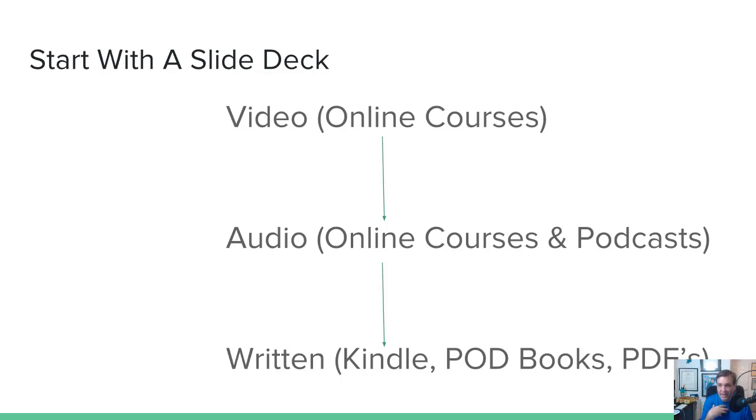And I believe that the best way to do that, it's not the only way for sure, but this is Real Fast VIP. We're about doing things as fast as possible. And I believe that you should start with video. Video in the hierarchy of things, that's where you want to be. Because if you start with video, you can take that video and you can make an online course out of any of the videos that you make for your content.